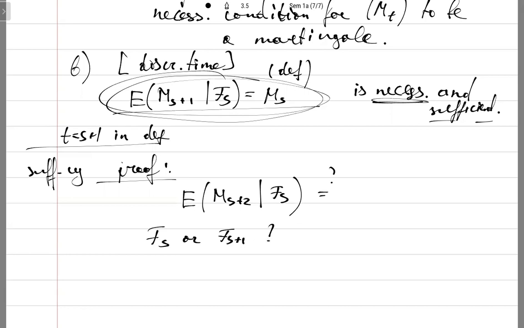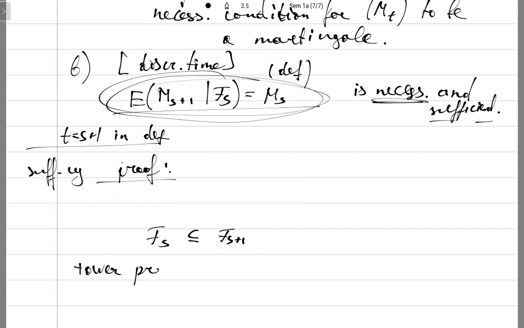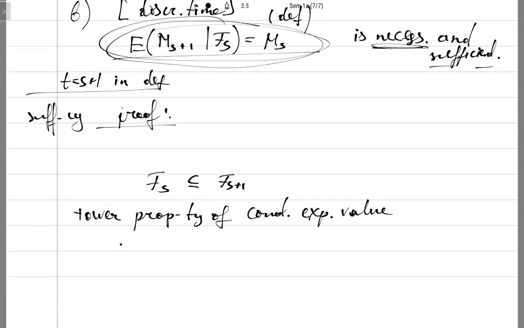Fs plus 1 is bigger, so Fs plus 1 contains more information. Now it follows that there is a tower property of conditional expected value that says that if two guys, as far as I remember, Nikolai and Fedor last time, were trying to predict the same thing.